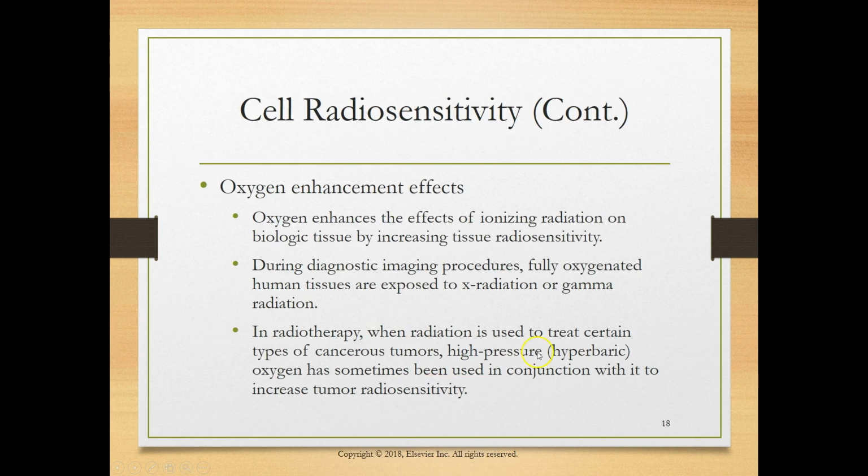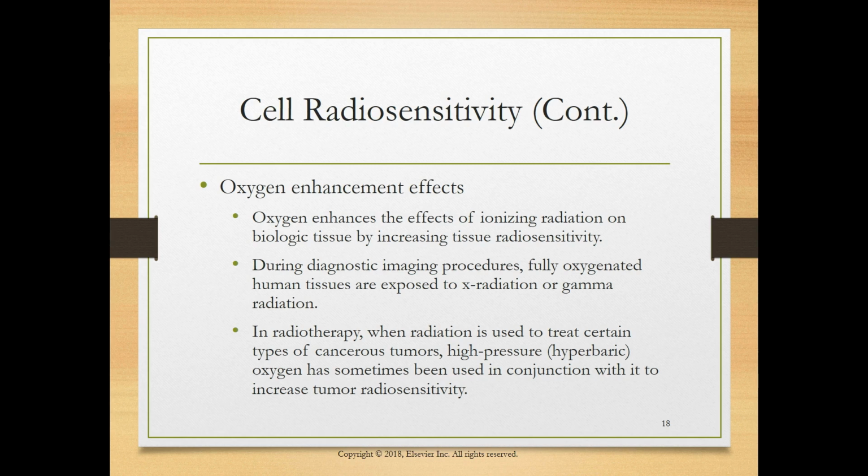Okay, don't forget the oxygen enhancement effects on cells. So oxygen enhances the effects of ionizing radiation by making the tissue more radiosensitive. So oxygenated tissue has more radiosensitivity than hypoxic tissue. This can cause problems in radiation therapy. For instance, when a tumor has a low oxygen level, the radiation therapy used to try to kill those cancer cells will not work as well.